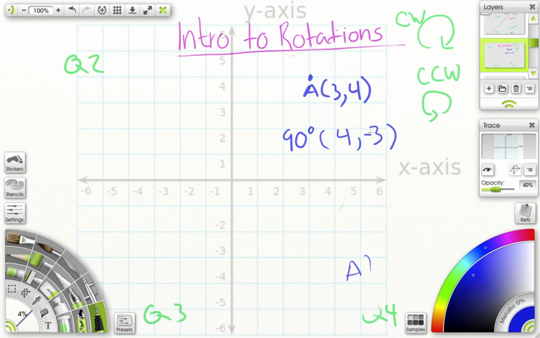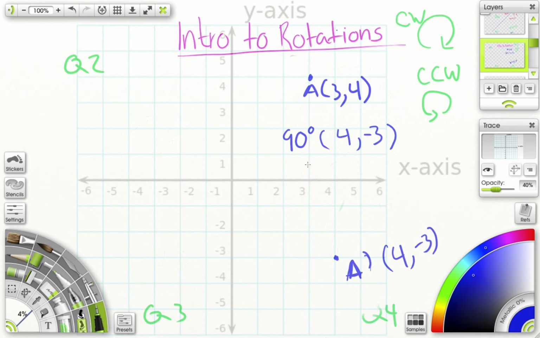And that's it. So I take my x and my y, I switch them around, my new second digit becomes negative. So that's my 90-degree rotation: 4, -3. I switch them around, second one became negative. Let's plot that. So I go 4, I go down to -3. There is my A prime. So 4, -3.